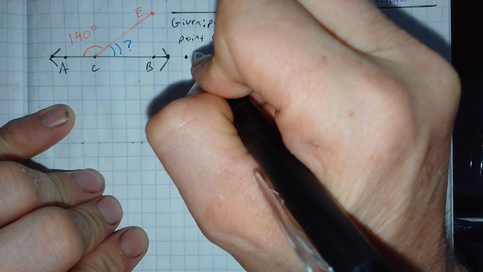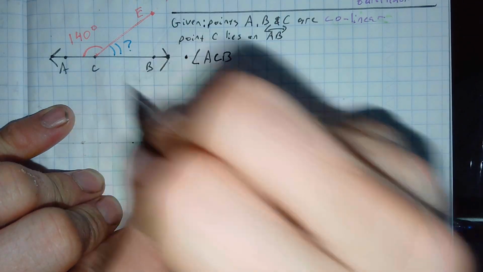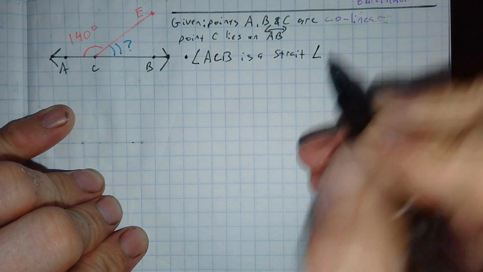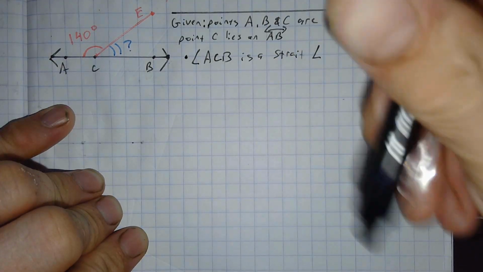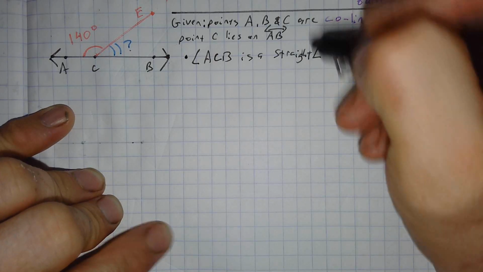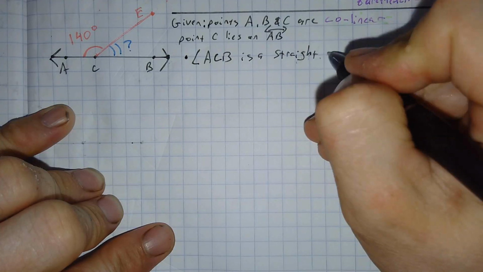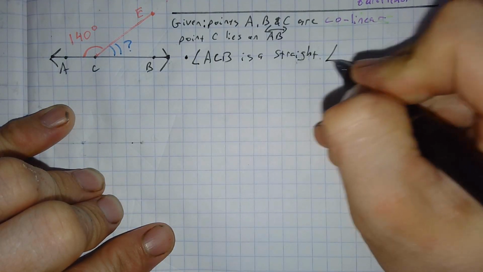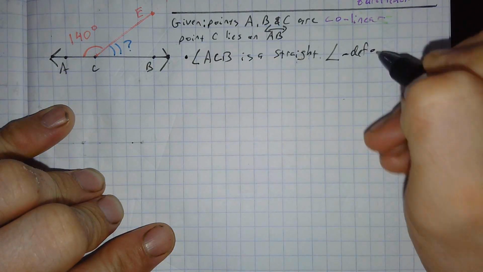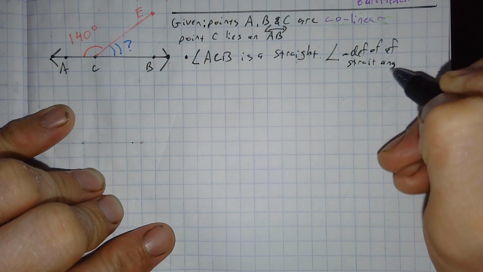Okay, so because they're all in a straight line, the first statement you're going to make is that angle ACB, with the vertex at C, is a straight angle. S-T-R-A-I-G-H-T is a straight angle, right? Which is important, because we know a straight angle is a straight angle. Okay, so this is because it is the definition of a straight angle.